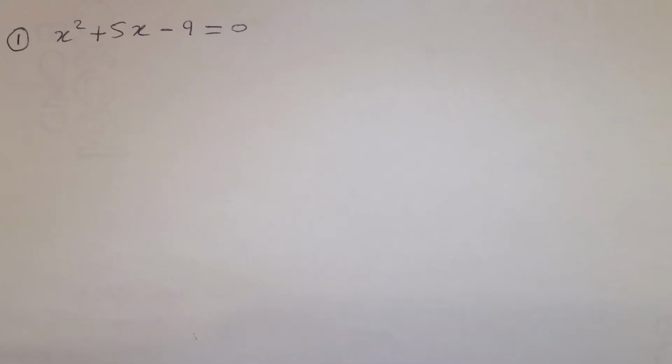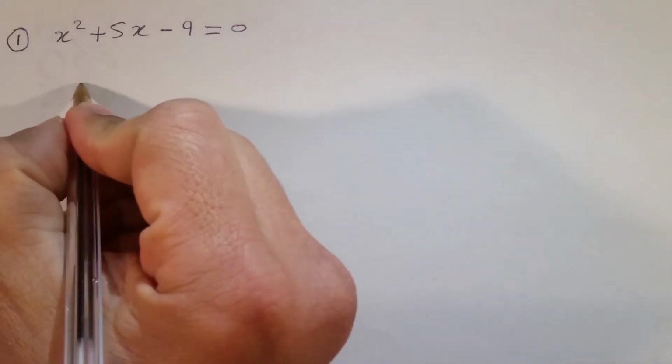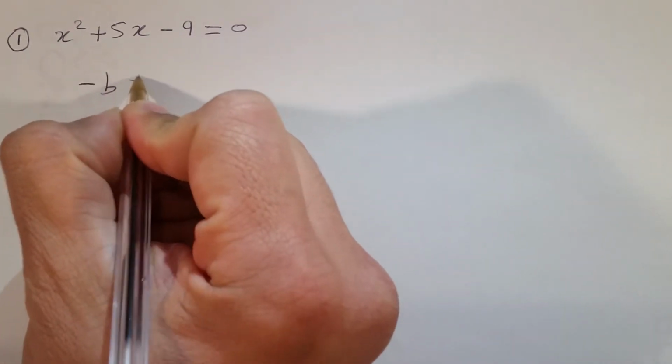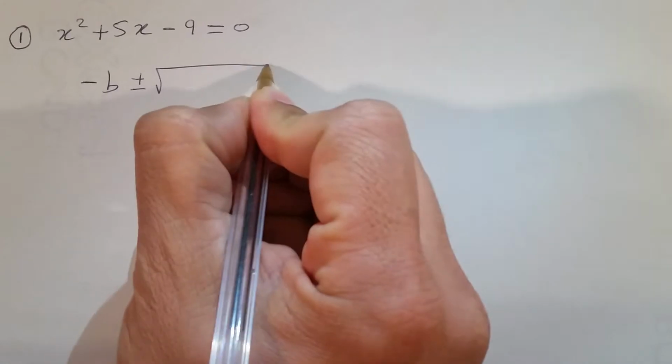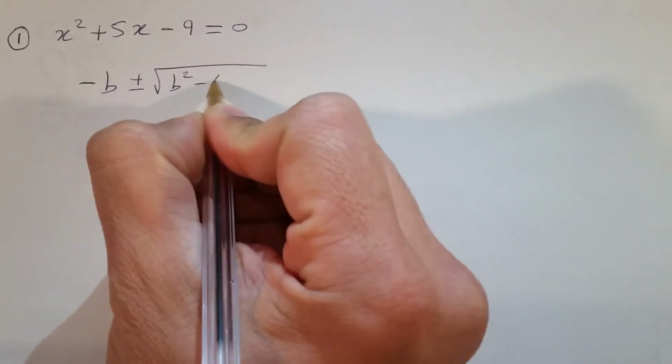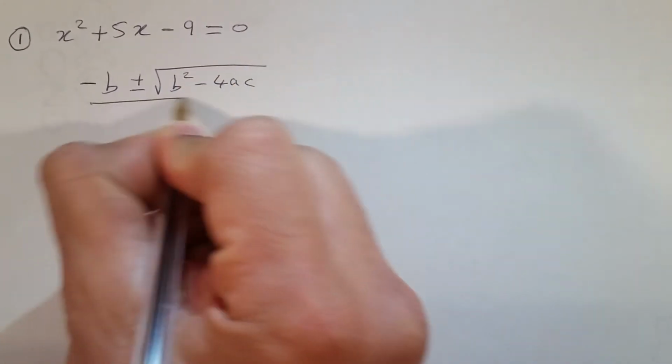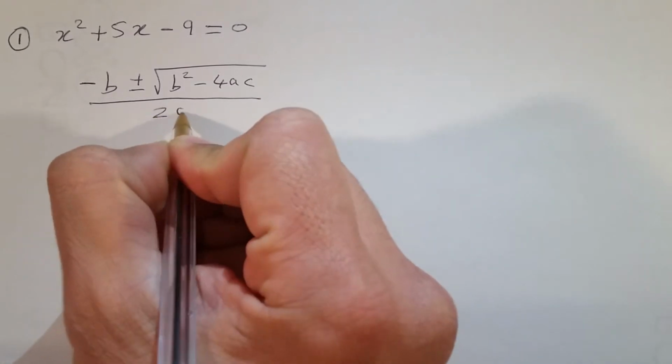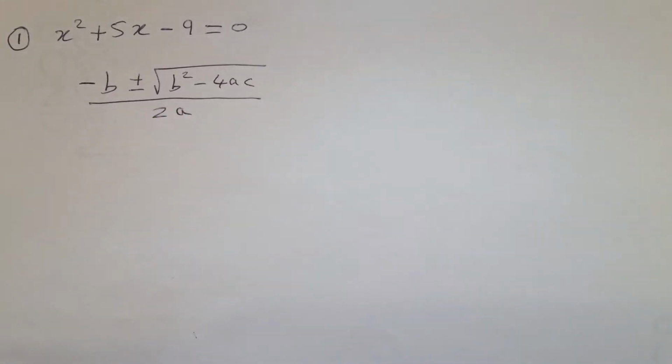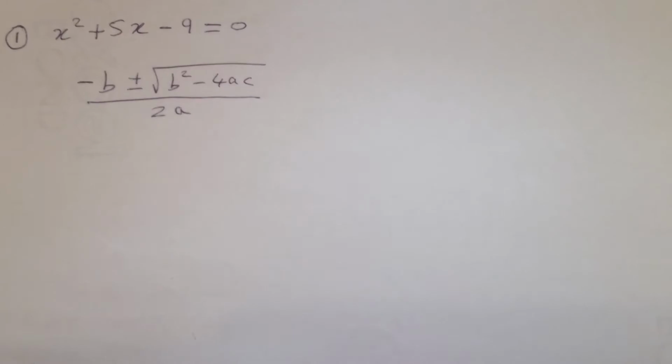This is our first question, x squared plus 5x minus 9 equals 0. So we're going to use the formula to solve this one. What is the formula? Minus b plus minus root b squared minus 4ac, whole over 2a. Right, now what are a, b and c?